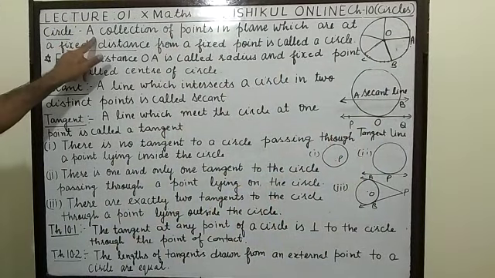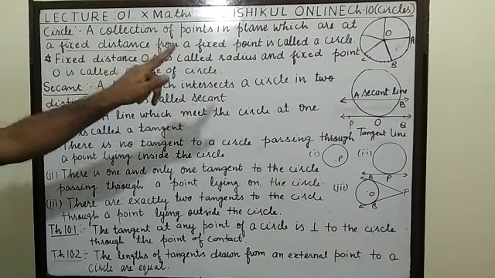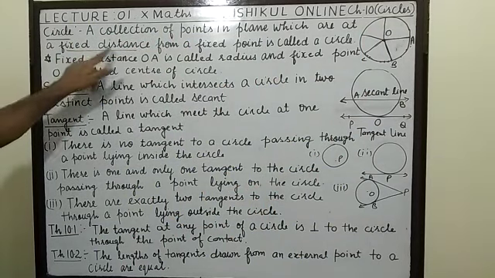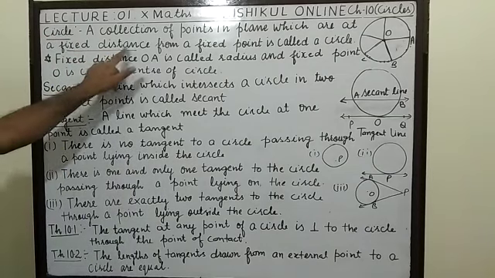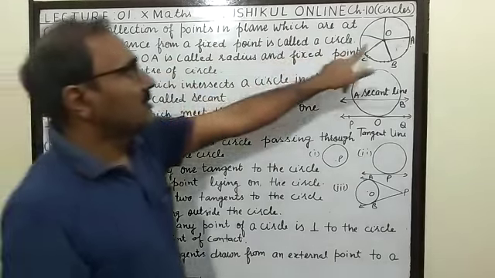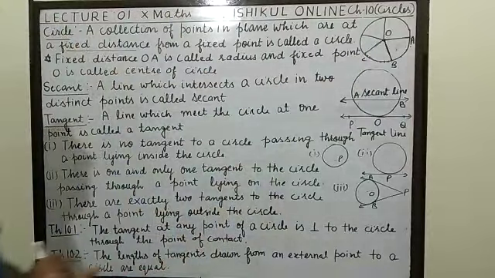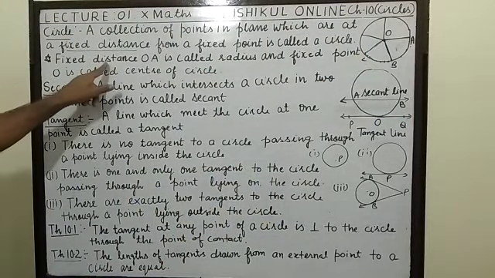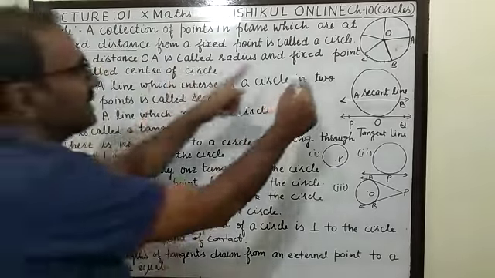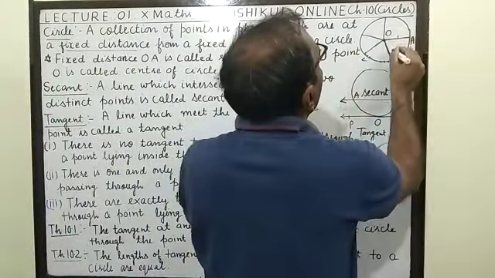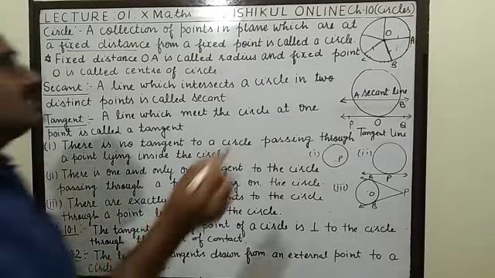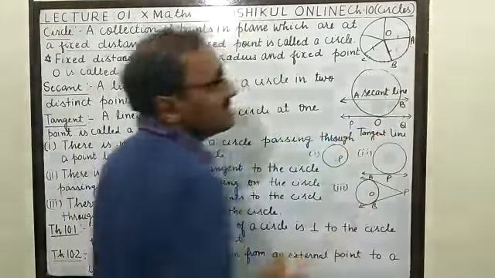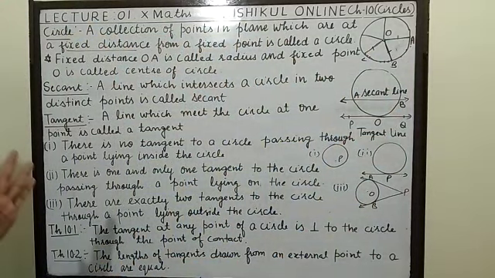A collection of points in a plane which are at a fixed distance, that is OA, OB, OC and so on, from a fixed point, that is O, is called a circle. This fixed distance OA, OB, OC is called the radius of the circle, and this fixed point O is called the center of the circle. So it is the definition of circle.